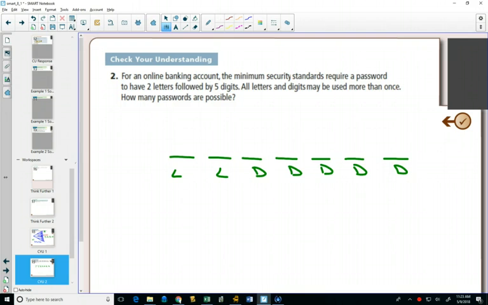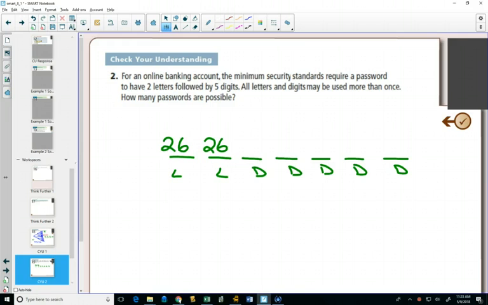So I'm going to use L for letter and D for digits. In the English language, how many letters are there? 26. Nice. So you'd have 26 choices and 26 choices for your letters there.